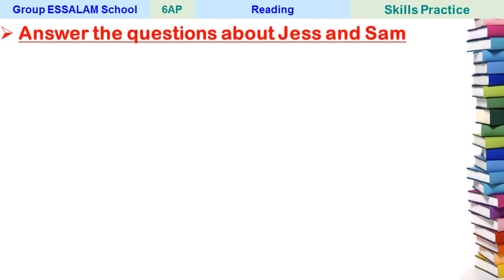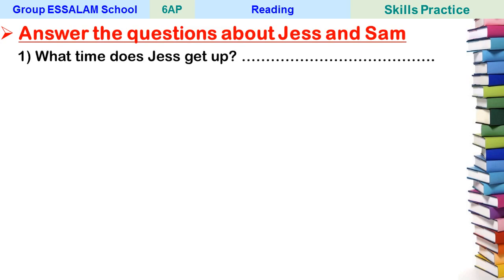Now answer the questions about Jess and Sam. Of course, the answers are in the paragraphs, okay? Number 1, what time does Jess get up? Okay? So we say Jess gets up.